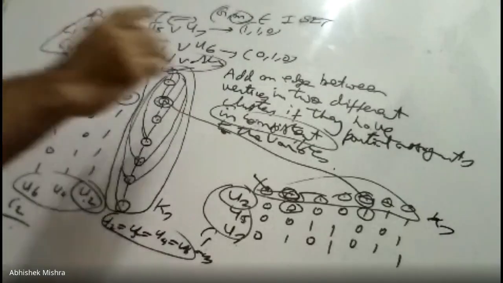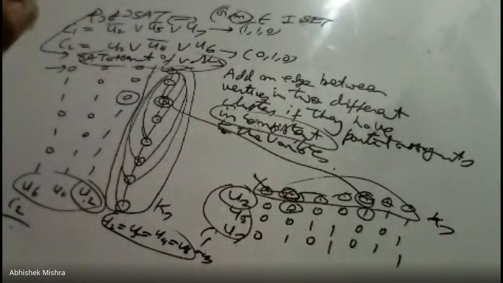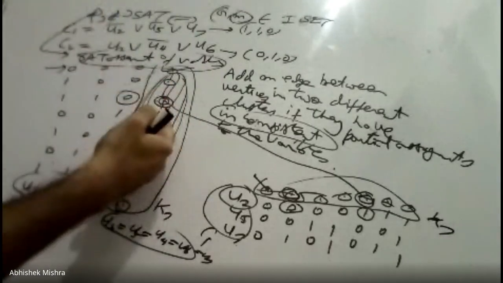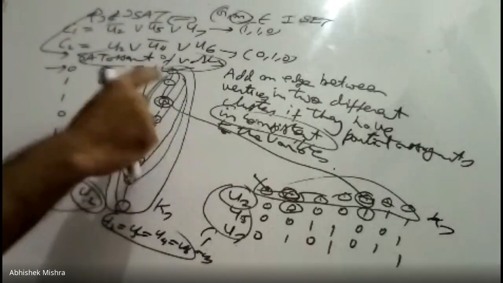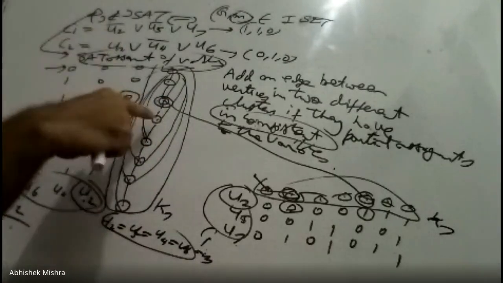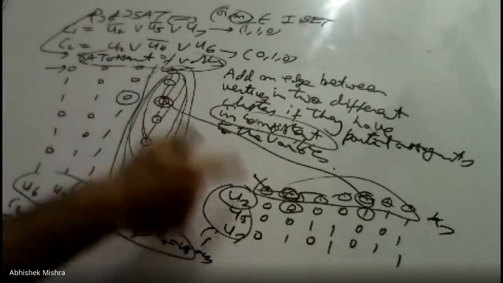Now if we try to choose m vertices, how can we choose? There is no scope for choosing more than one vertex from the same cluster, because it is a complete graph and we would get an edge.